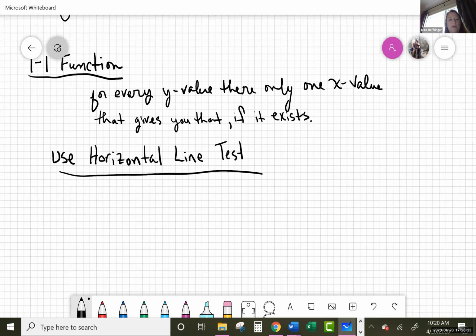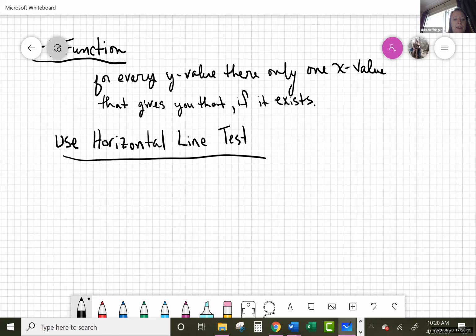So for instance, we were just working with graphing quadratics. And so if we had a graph of a quadratic equation and we graphed it, is this a one-to-one function?